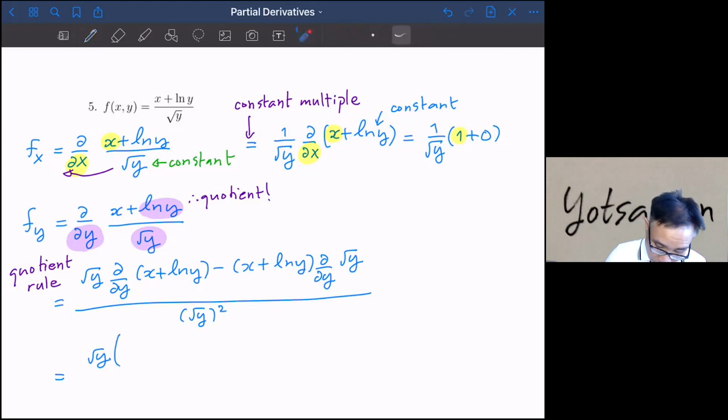For x, it's going to be 0, and you differentiate log y, you get 1 over y.